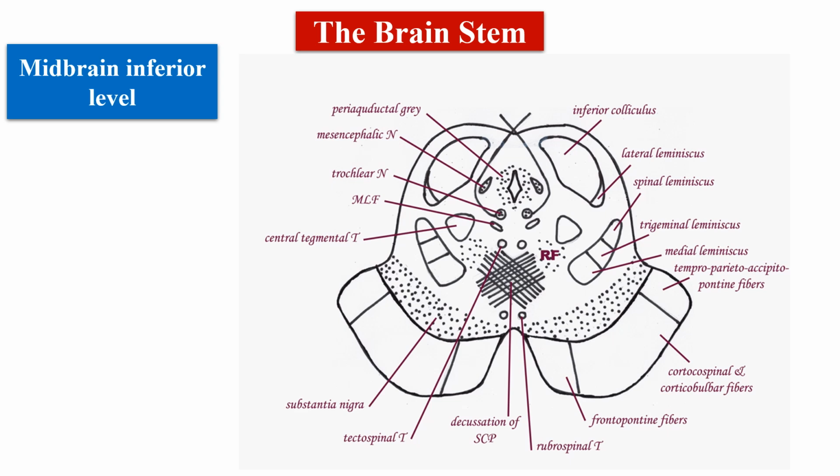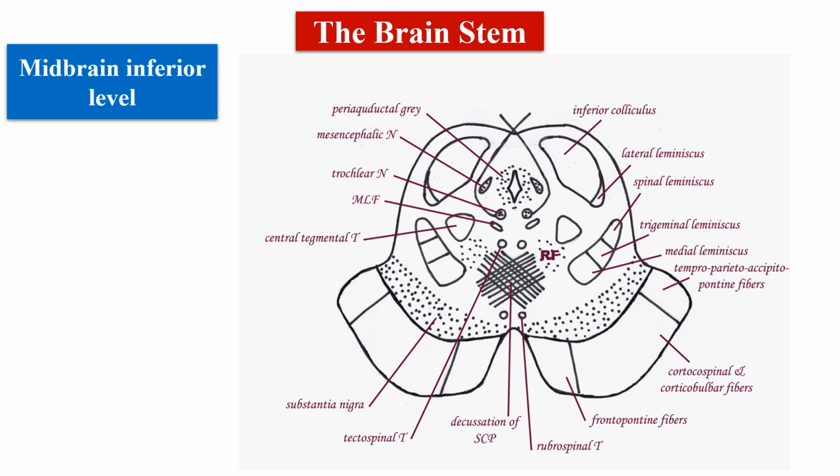Okay. At the inferior level here, on the posterior aspect, we can see the trochlear nucleus, from which the trochlear nerve fibers arise, making decussation at the posterior aspect of the midbrain. This is the only nerve, okay, which arises from the posterior aspect of the brainstem.